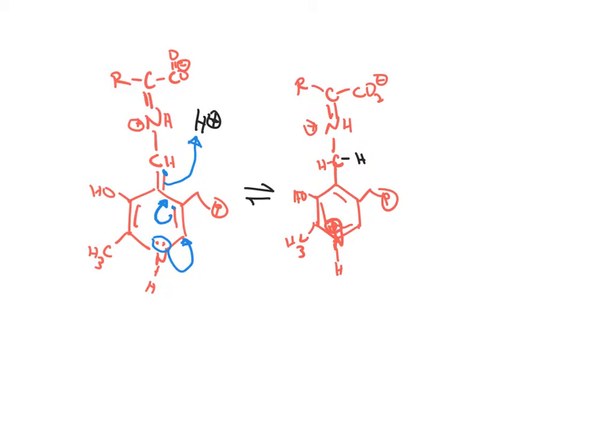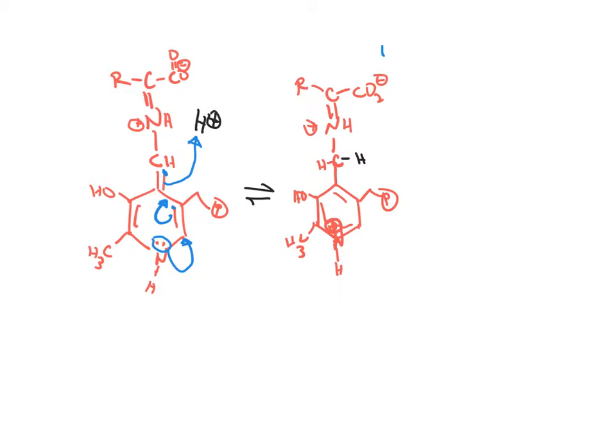Now, what your book doesn't show you is the hydrolysis portion of this. And so now what's going to happen is a water molecule comes in. And there's lots of water around. I wanted to do a different color.